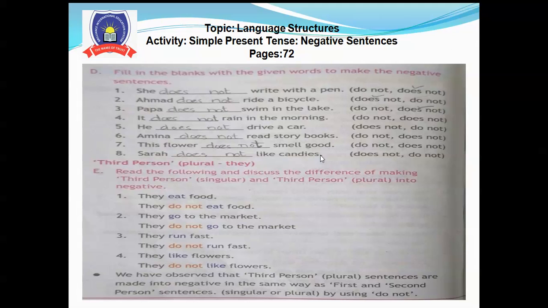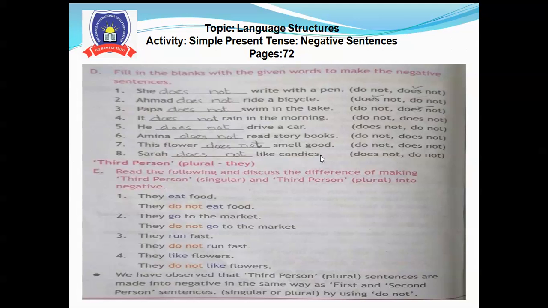Third person plural, they. Now we are going to talk about the third person plural they. Read the following sentences and discuss the difference of making third person singular and third person plural into negative sentences. How will we make third person singular and plural into negative sentences? Let's have a look.